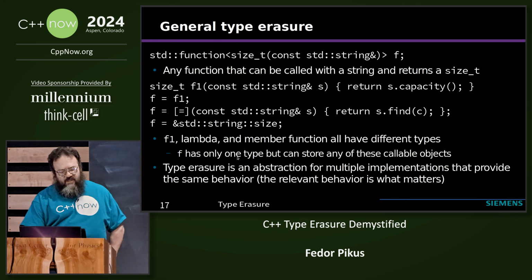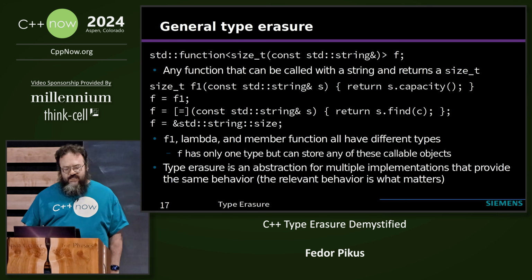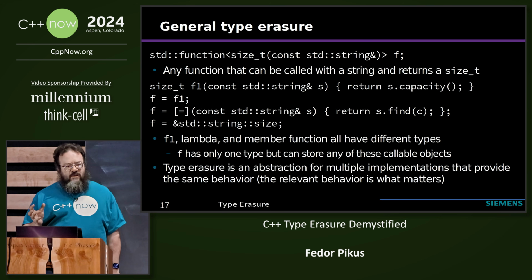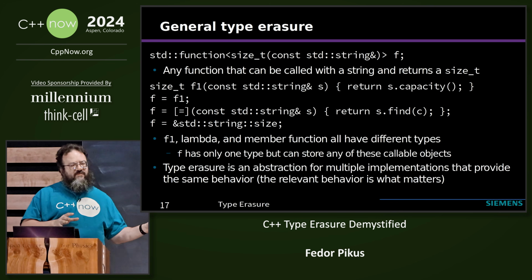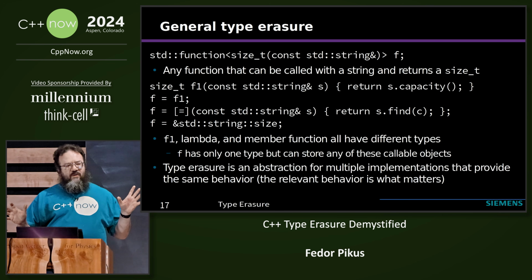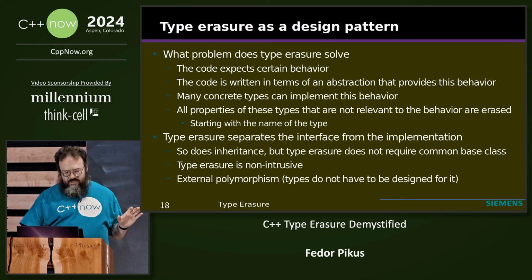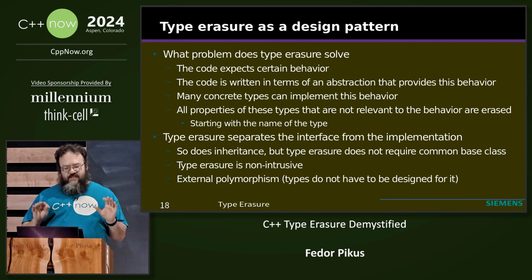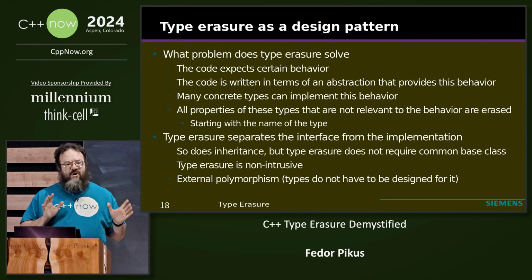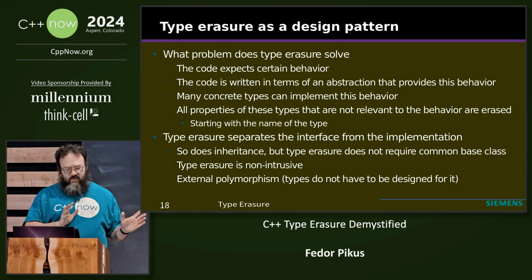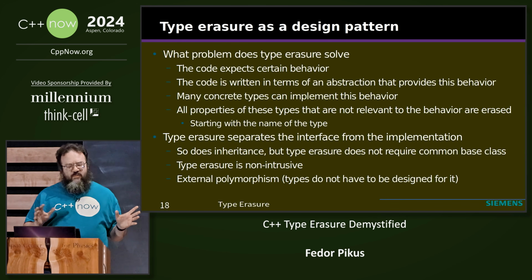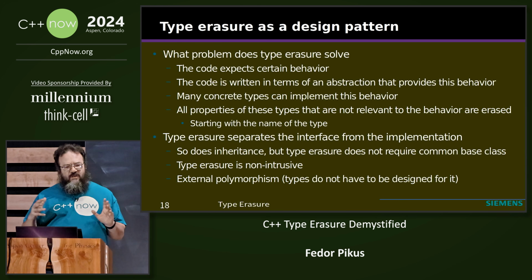So fundamentally, type erasure is an abstraction technique that allows you to separate the interface from implementation. And when we talk about interface, it's actually a subset of the interface. It's a subset of the interface that we deem relevant for our particular problem. Now, inheritance does the same thing, but inheritance is significantly less flexible.